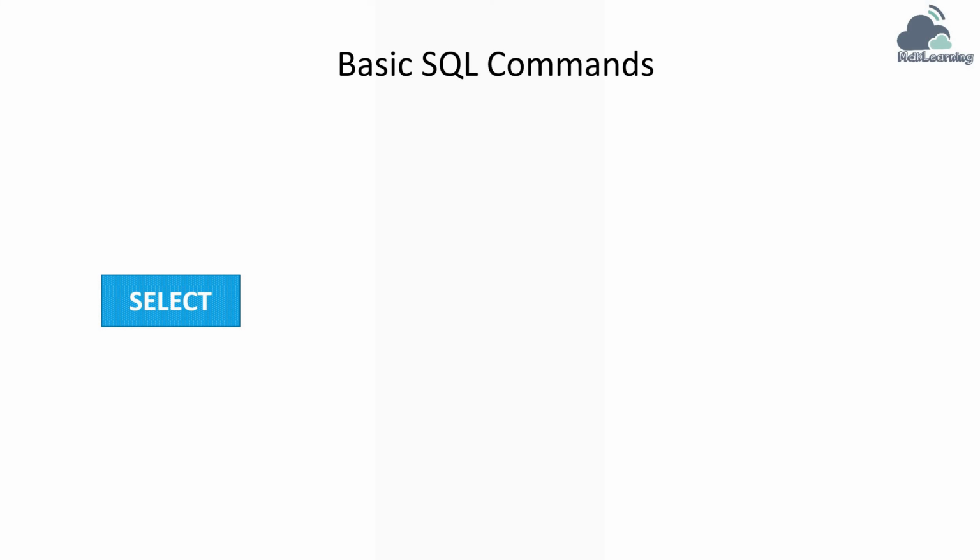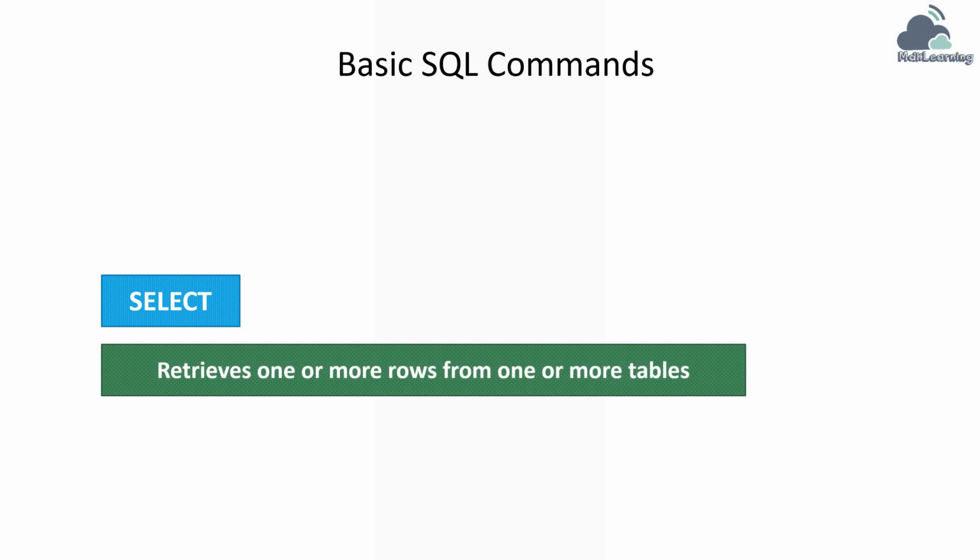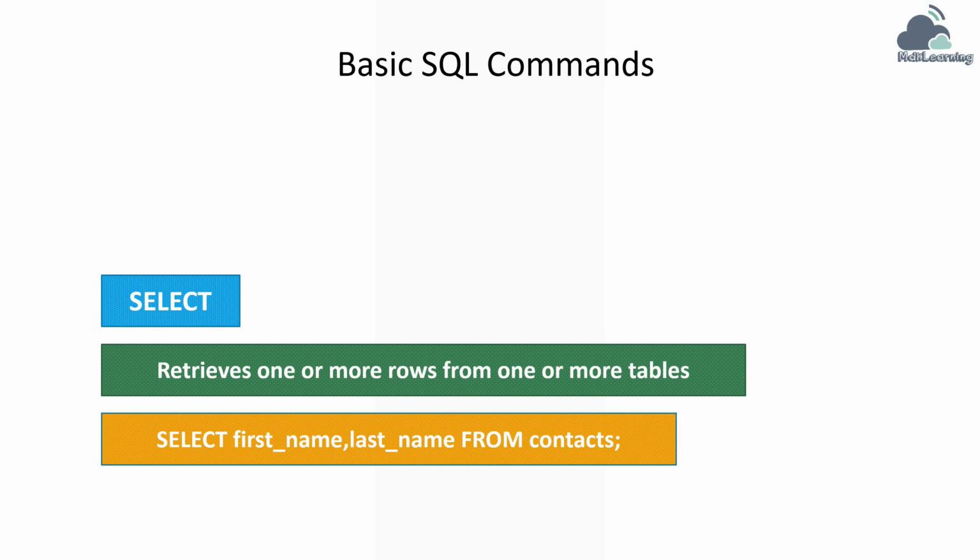The SELECT command is a command that allows you to get data. It allows you to retrieve data, 1 or more rows, from 1 or more tables. If we have a select statement like this, where we say SELECT first_name, last_name FROM contacts, we know that SELECT is the command, it's a keyword, FROM is a keyword, first_name, last_name, and contacts are identifiers.